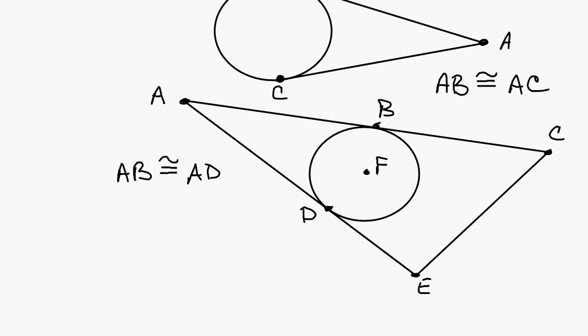So let's look at example 4, on the bottom of page 734. You've got a circle. You've got a couple of segments from the same exterior point that are tangent to a circle.